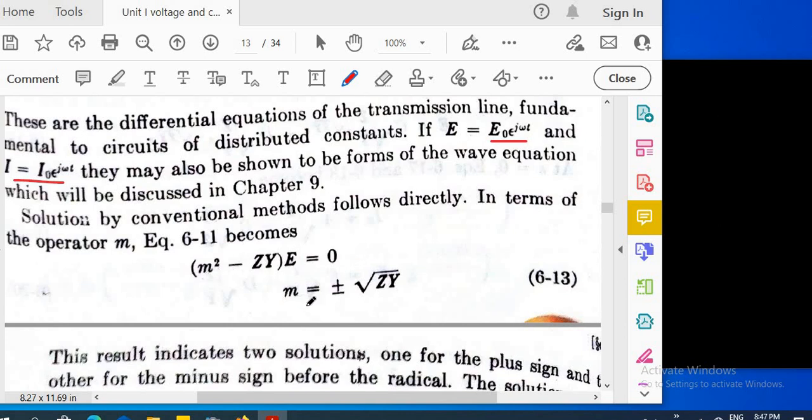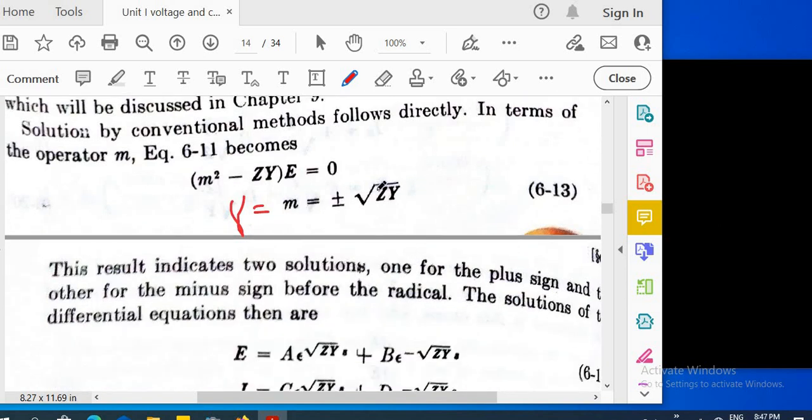M is the operator, where m equals plus minus root of zy. This m can also be written as gamma, which is known as the propagation constant. Root of zy, we are not considering the negative sign, only the positive sign. So this gamma is defined as the propagation constant of the wave.